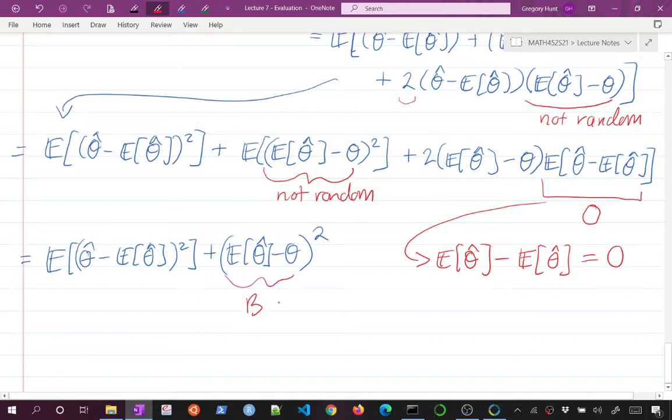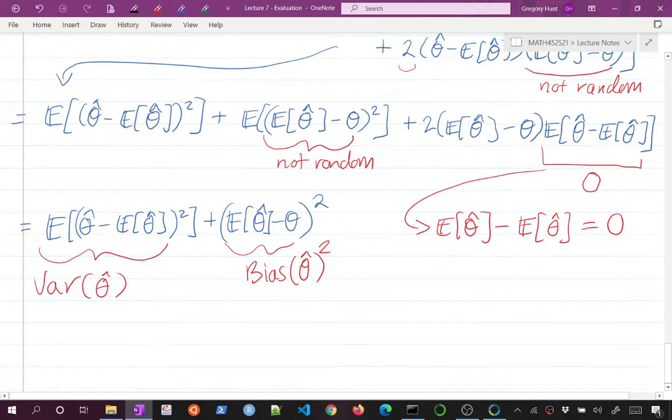What am I left with? This inside the square is called the bias of theta hat. It's the expected value of theta hat minus theta. It's called the bias, and so overall we get the bias squared. This other term is exactly the variance of theta hat. What's the variance of a random variable?